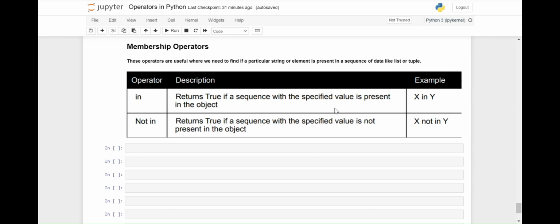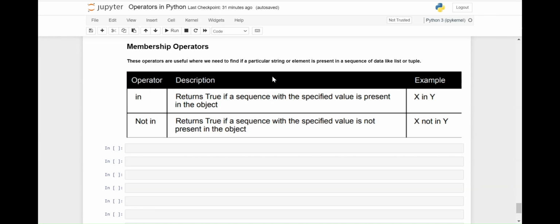Okay, so the next is membership. This is very easy, very easy to understand also. Membership operators tell whether a value exists in a sequence or collection of data. We have been using lists, tuples and everything.